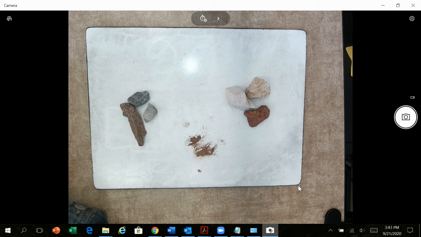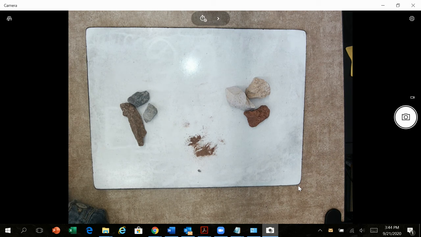So I want you to think properties. I want you to be thinking about size, texture, color, shape. So we're collecting data on these rocks. We're trying to see what are some things that they might have that are the same, and what are some things that are different.